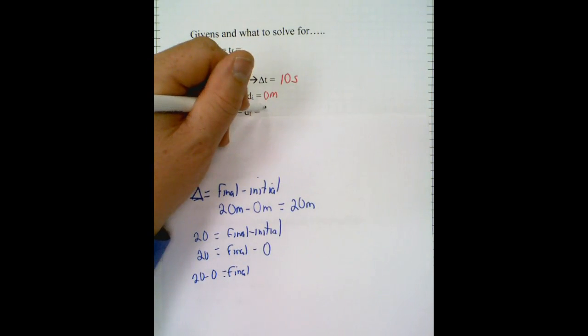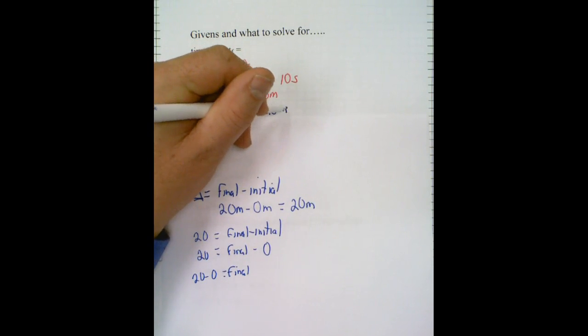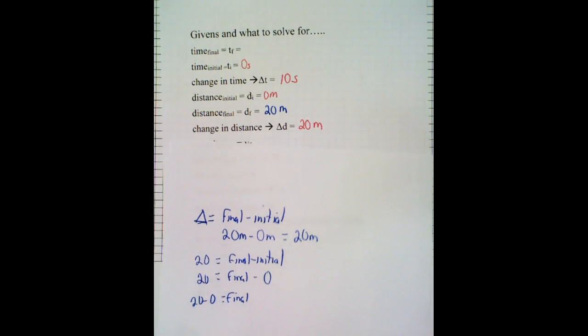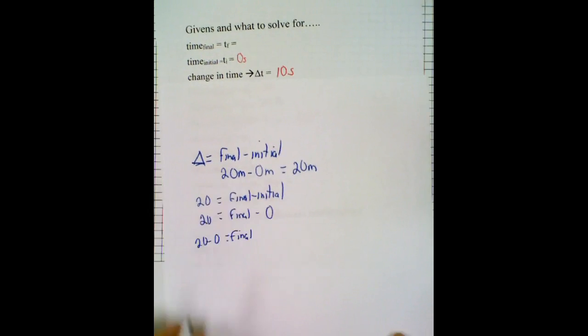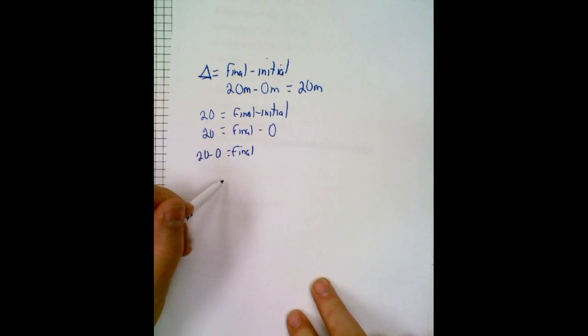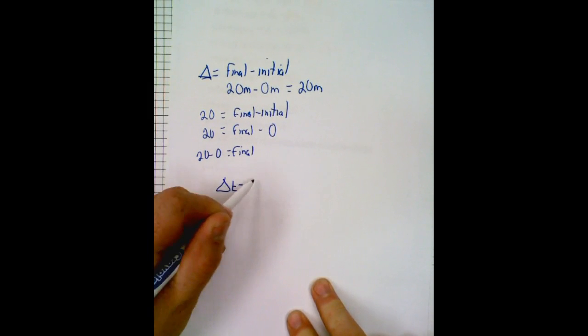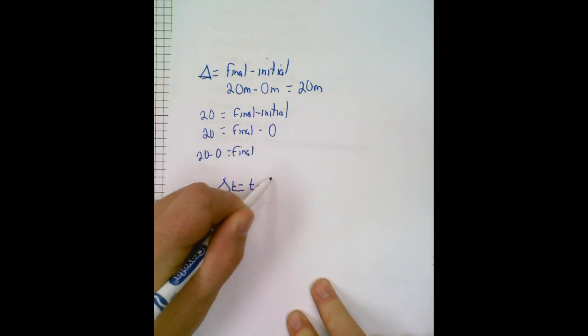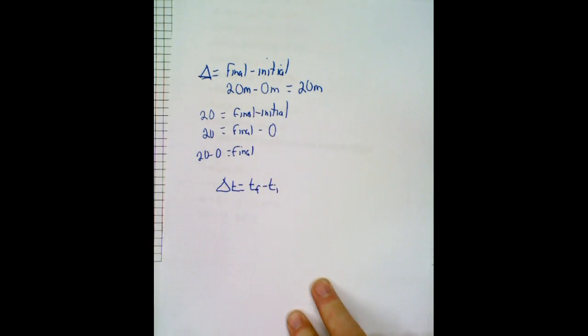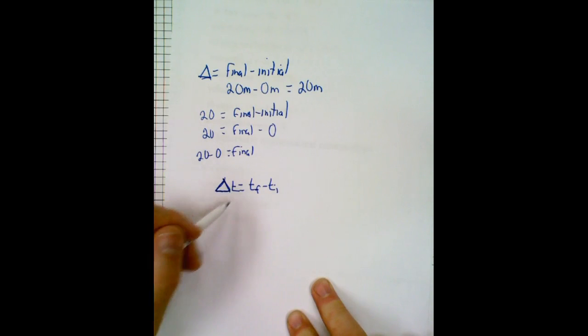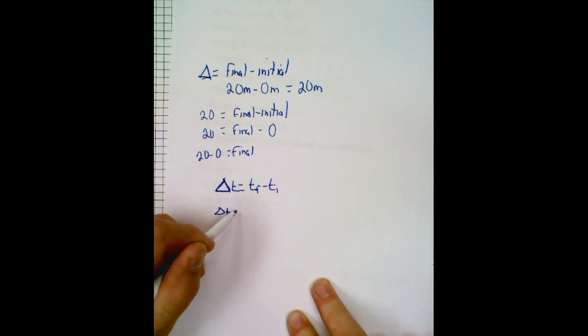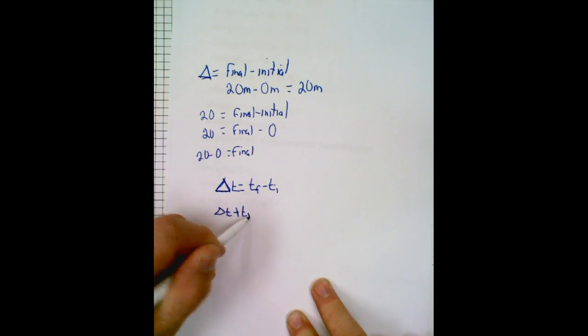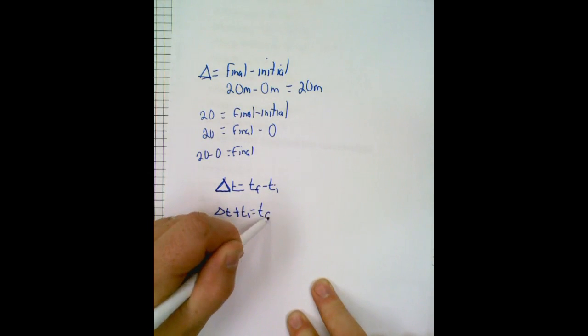So over here we have position would have been 20 at the end. Using the same process for time, delta t equals t final minus t initial. Yes, I keep changing letters so you can see that the letters change and you get in the habit. So delta t plus time initial equals time final.